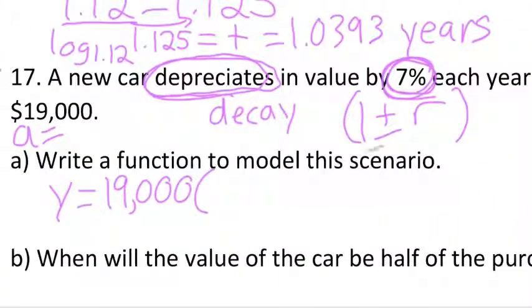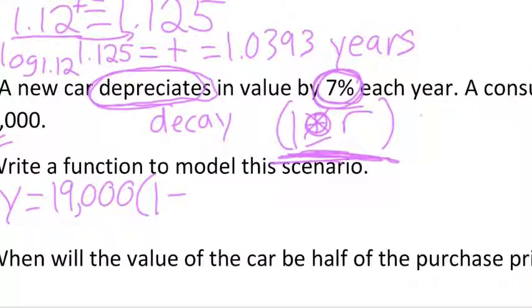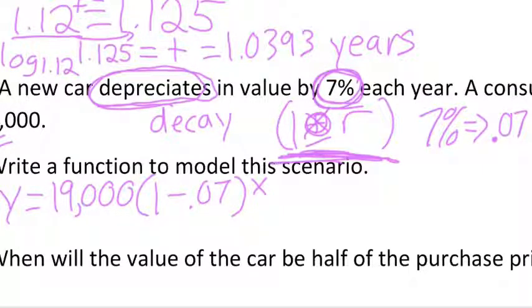Parentheses, well, because we have our decay, we're not going to be using this plus sign. We're going to be using the subtraction. So 1 minus our 7%. Well, we don't put 7% in there. We change it to a decimal, which is 0.07. So we put it in our parentheses. And then we raise it to our x.